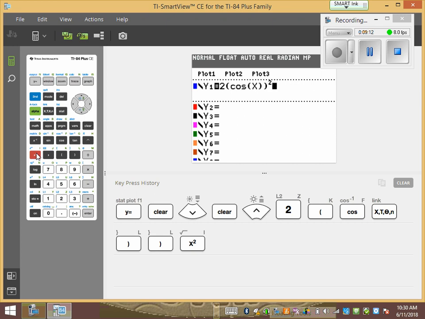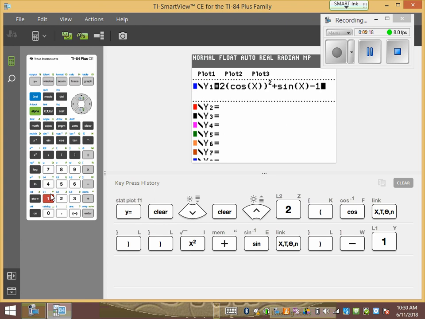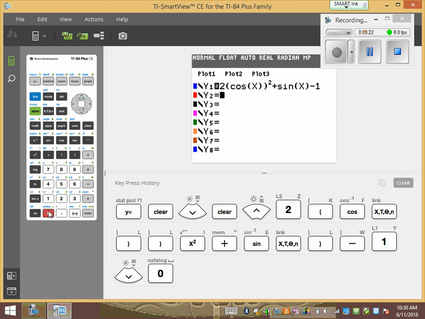Was it plus sine x? Plus sine x minus 1. If you don't close the brackets, you're not going to get the actual question. And 0. Now remember, if you don't have colors, you could go over here and hit enter and it'll make it thicker, right? It can make your second line thicker.